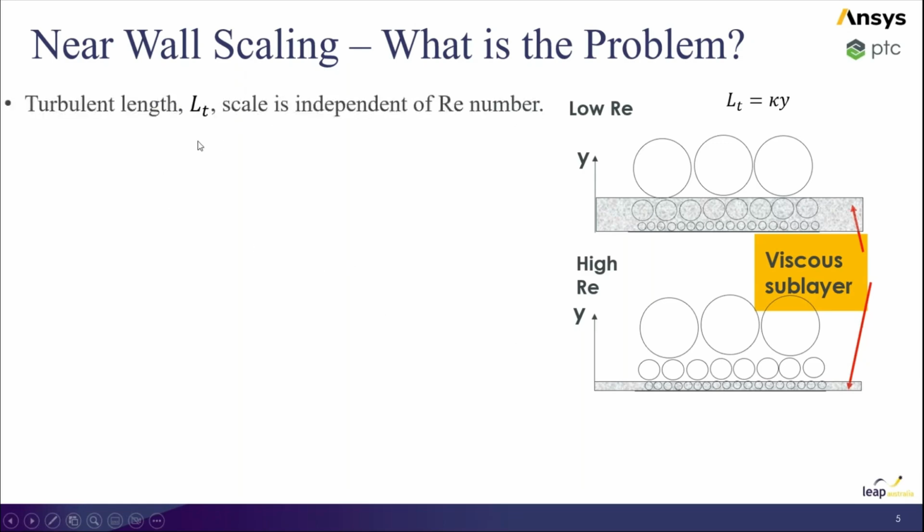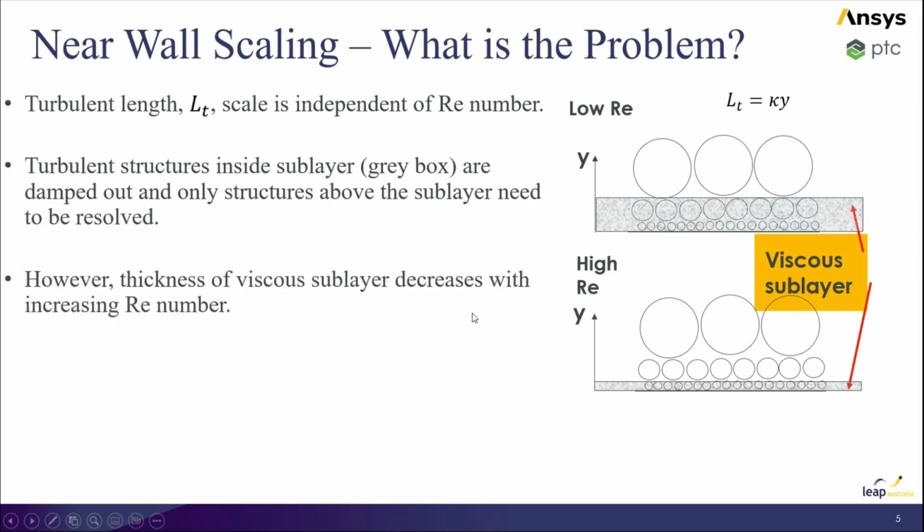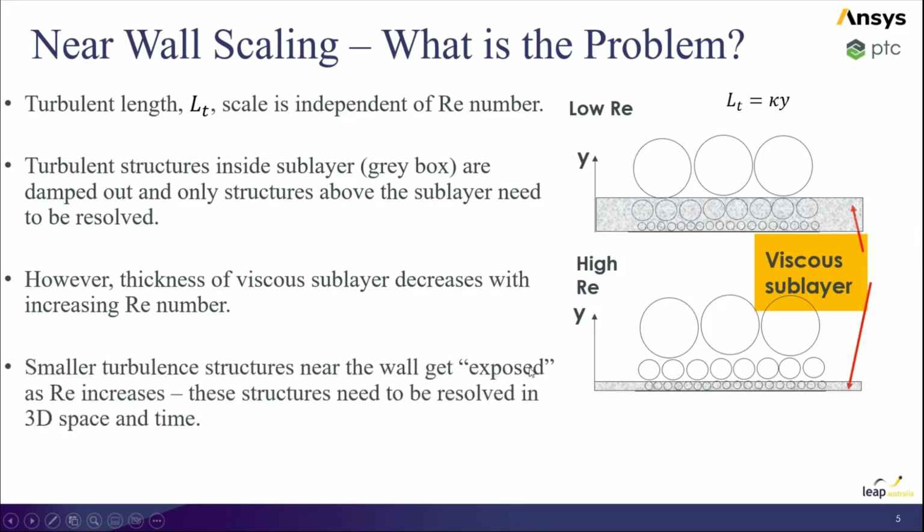So that's the problem. We've got a starting point of large eddies, but as we go down into this box, these are getting smaller and smaller. So the thickness goes down here, and we have more and more energy in these eddies that we need to resolve.